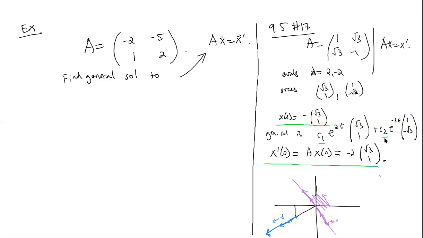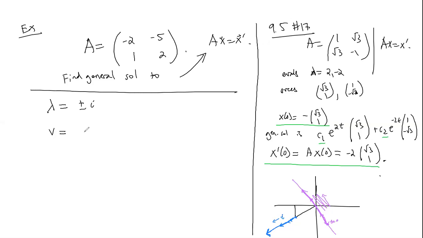What is the answer to the question on the left? Yeah, let's do this one. What did you get for the eigenvalues and the eigenvectors? Plus or minus i, okay? Yeah, okay.